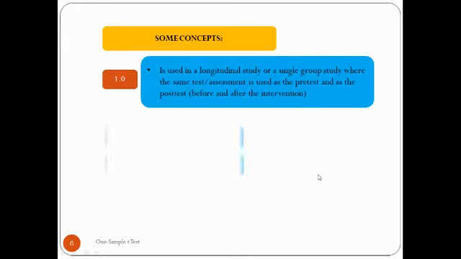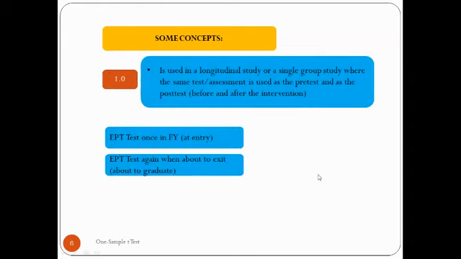I would like to give one more example here. A paired sample t-test is used in a longitudinal study or a single group study where the same test or assessment is used as the pre-test and as the post-test, before and after the intervention.